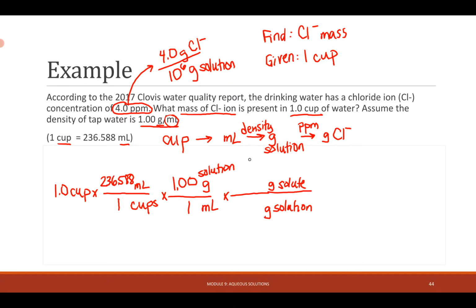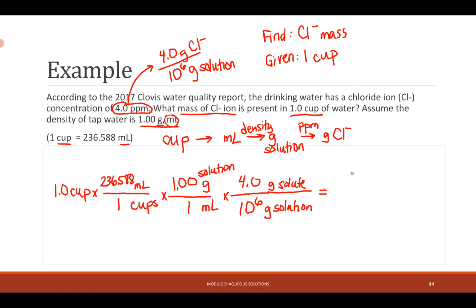This is where I'm going to pull out my ppm. I'm going to put my 4.0 in the numerator, and my 10 to the 6th in the denominator. That should give me my final unit that I want, and so I can go ahead and calculate that.